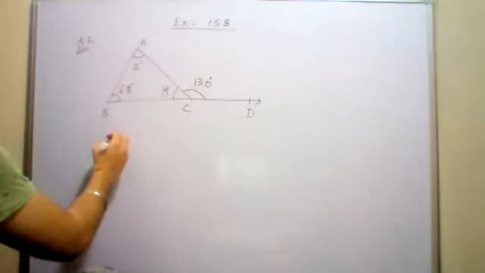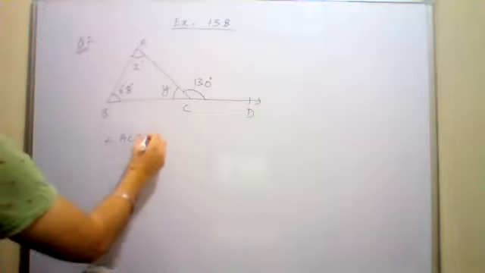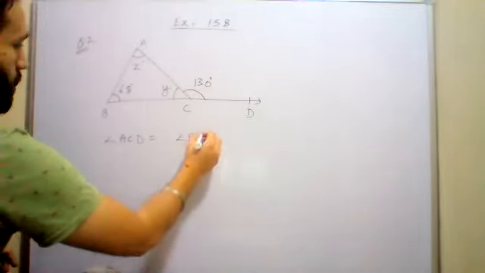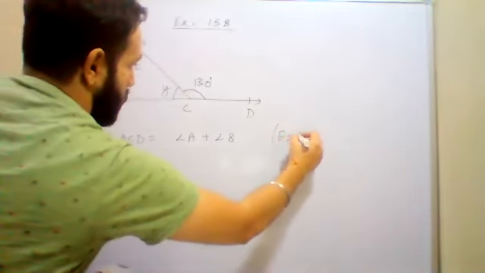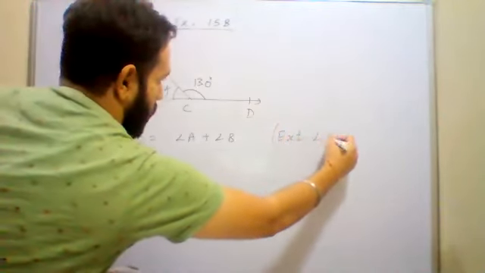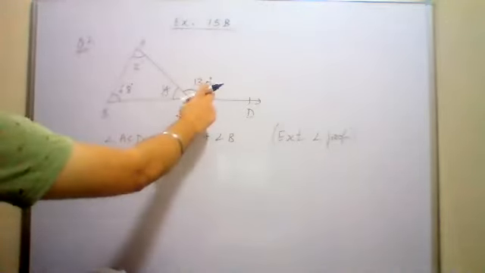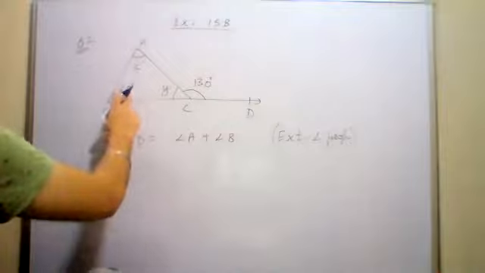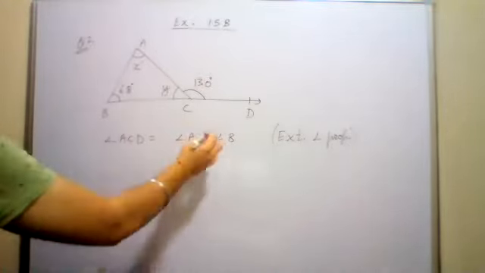So very simple. I hope you all have understood. The exterior angle ACD is equal to angle A plus angle B, same thing. What is the property used? Exterior angle property we are using again. Exterior angle ACD is equal to angle A plus angle B, opposite interior angles. Now put the values.